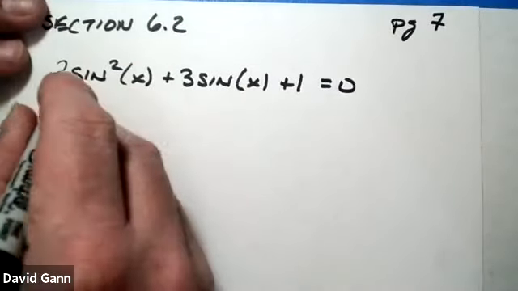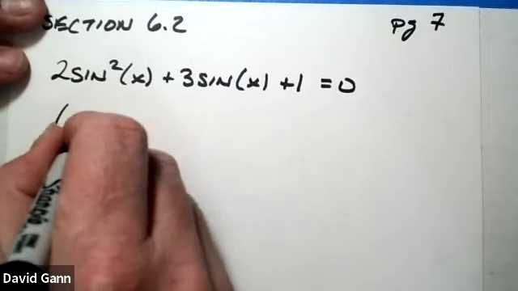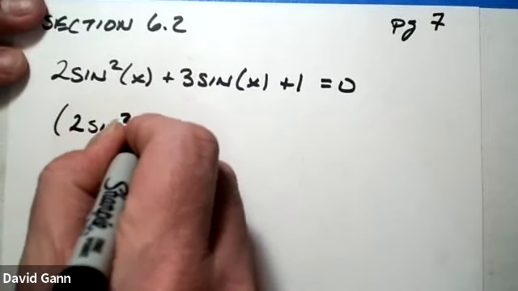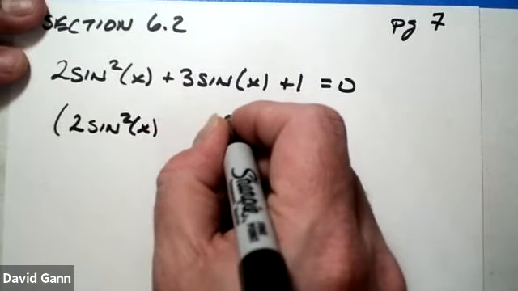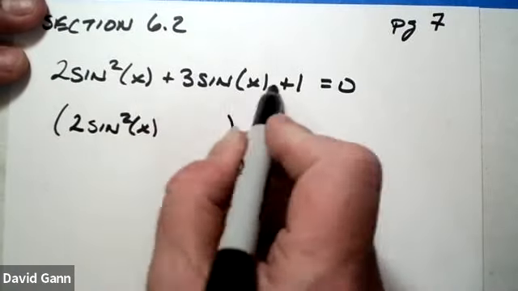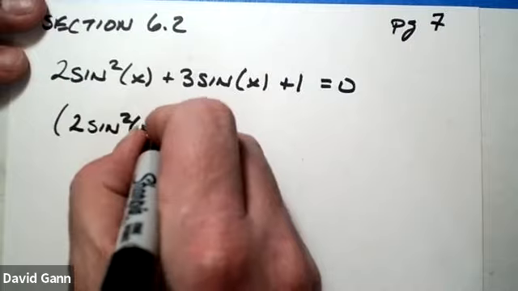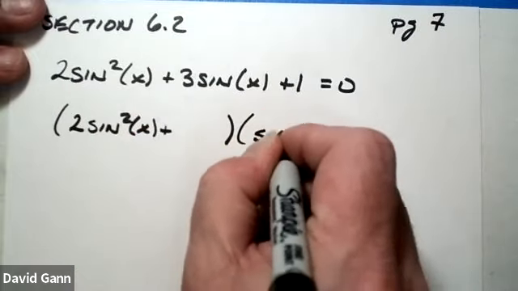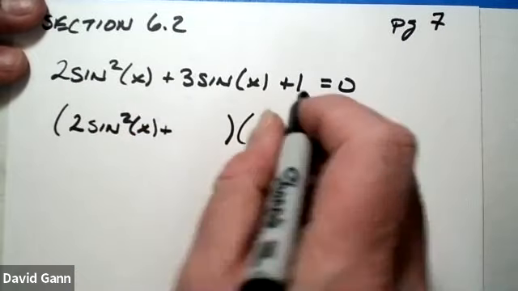And so I'm going to propose that the factorization is 2 sine of x plus something, times sine of x plus something. Probably got to be plus because both of these are plus. Sorry, these are not squared.